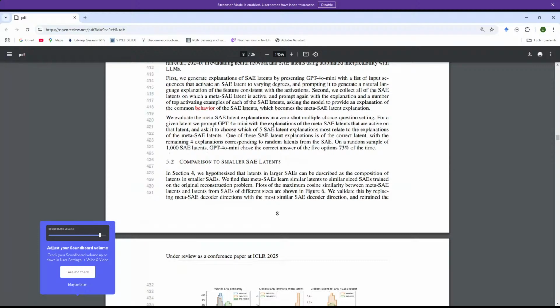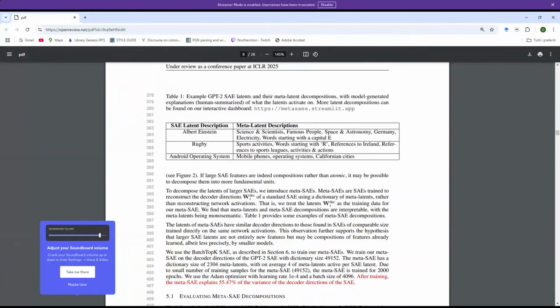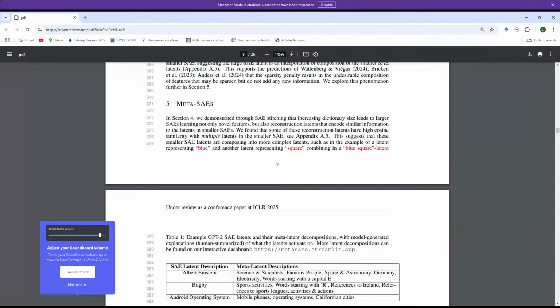And so again, I think that they show enough evidence that SAE features are not atomic, and that you can decompose latents into other directions. But at the same time, it's not obvious if their meta SAE results are the strongest.